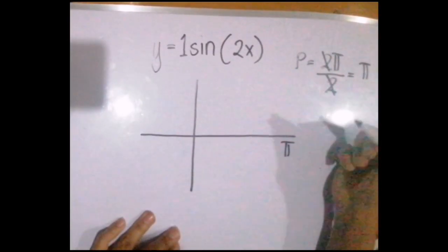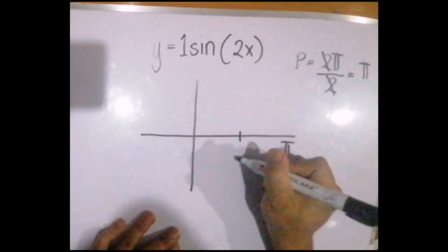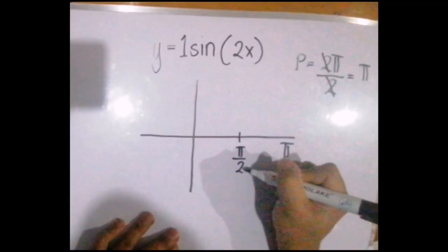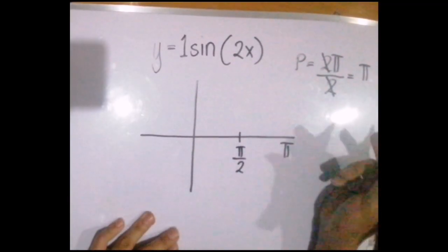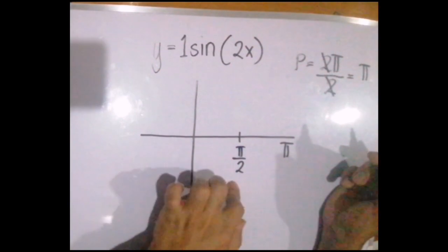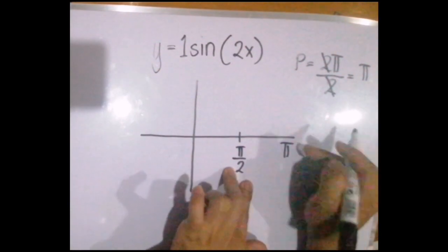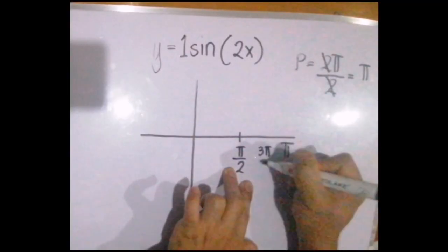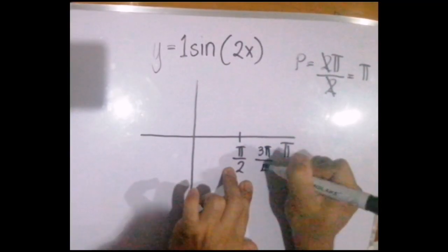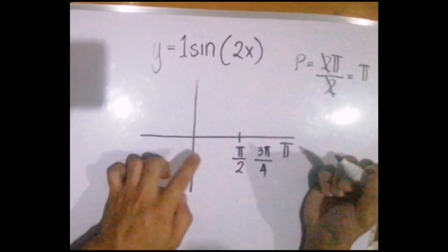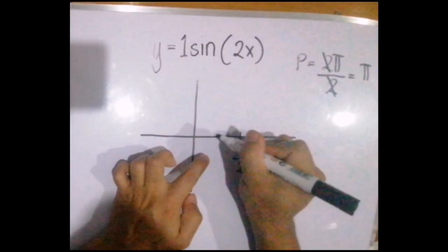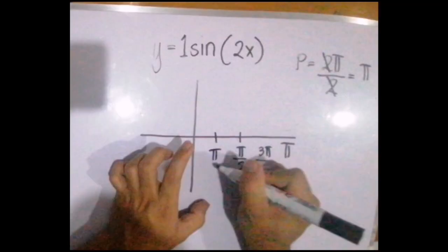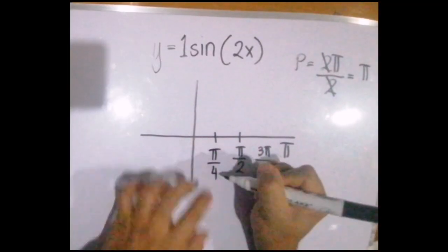So the half of pi is 1/2 pi, and between 1/2 pi and pi is 3 pi over 4, and between 0 and 1/2 pi is pi over 4.